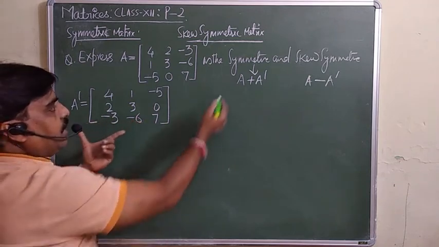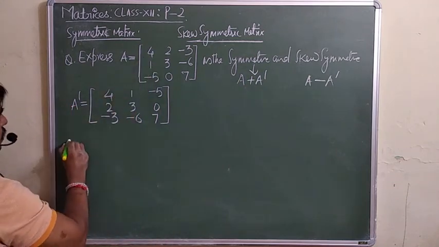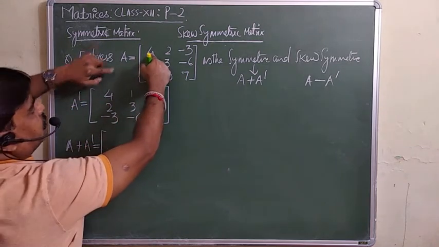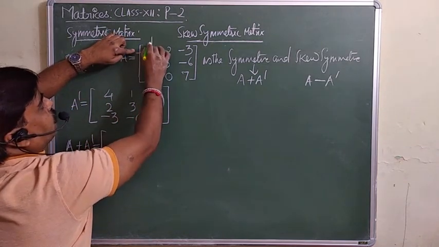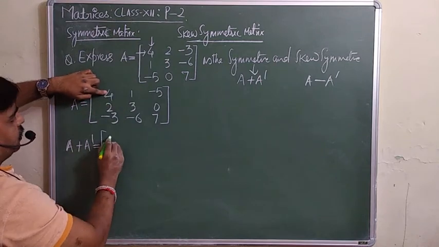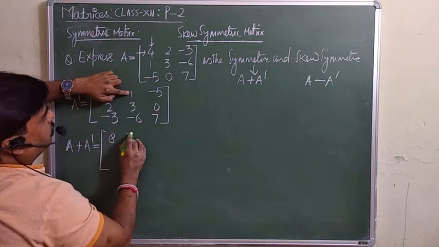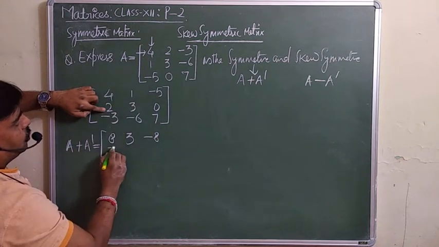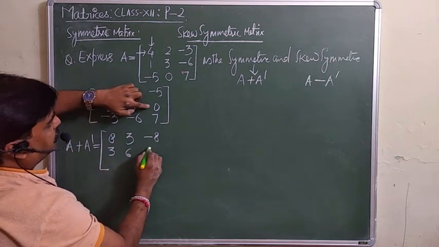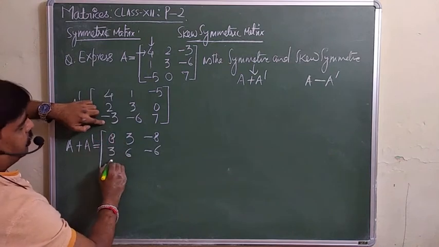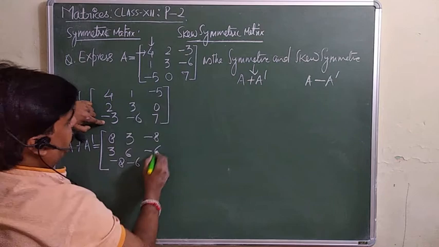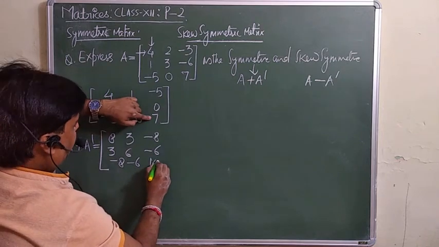Now add A plus A transpose. The first element of the first row and first column will be added: 4 plus 4 is 8. 2 plus 1 is 3. Minus 3 and minus 5 is minus 8. 1 plus 2 is 3. 6 minus 6 is 0. Then minus 8, minus 6, and 14.